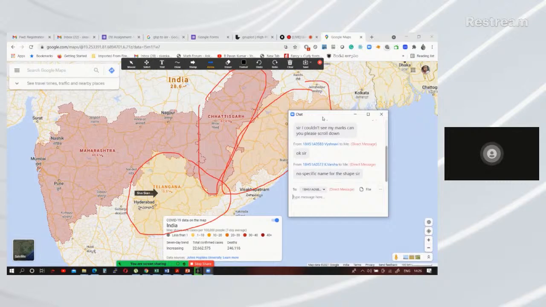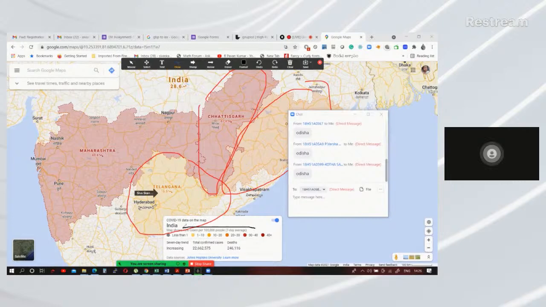There is no mind involved in it. Just seeing the color, you have to understand it. This is called cognition. Yes, very good, Varsha. This is called cognition. So how do you understand that Odisha is highly affected? Based on these legends.